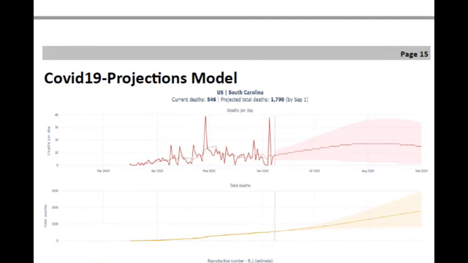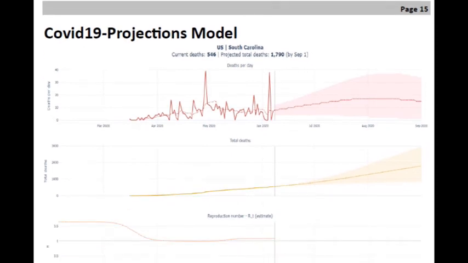There are several different models that project COVID-19 into the future for South Carolina and even down to the county level. On page 15 is the COVID-19 projections model. This model, as of the weekly report for June 9th, projected that there would be 1,790 deaths in South Carolina by September 1st.